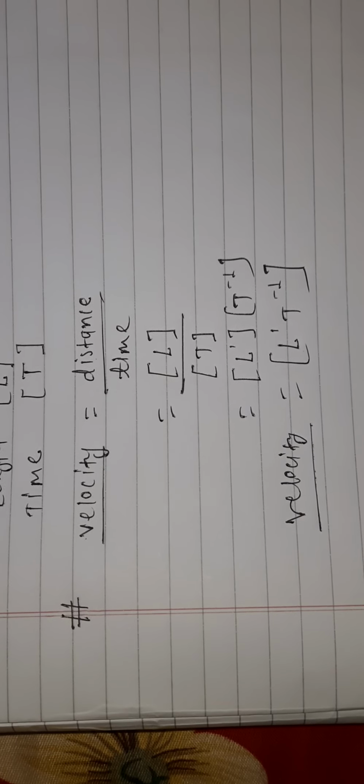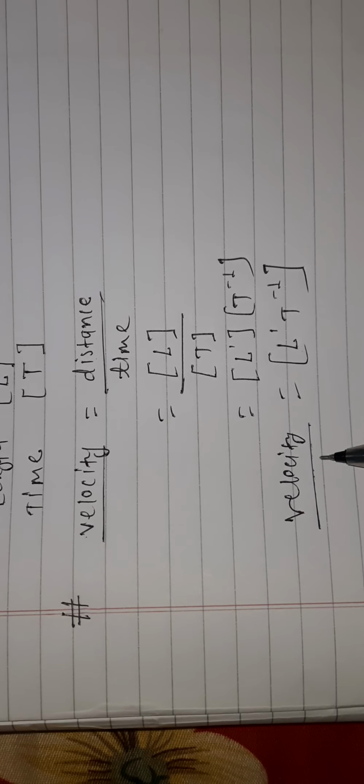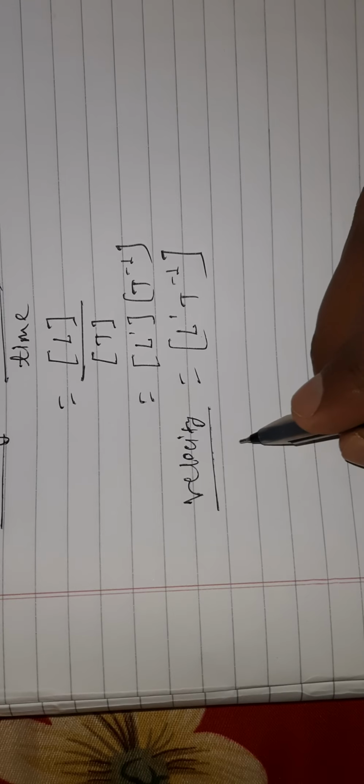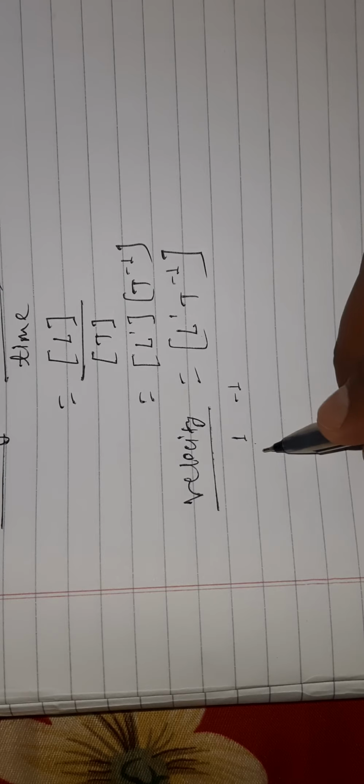But if anybody asks what the dimension of velocity is, then we have to say the dimensions of velocity are 1 and minus 1, where 1 is the power of length and minus 1 is the power of time. Dimension is represented by the power of the physical quantity, and L1 T inverse 1 is the dimensional formula.